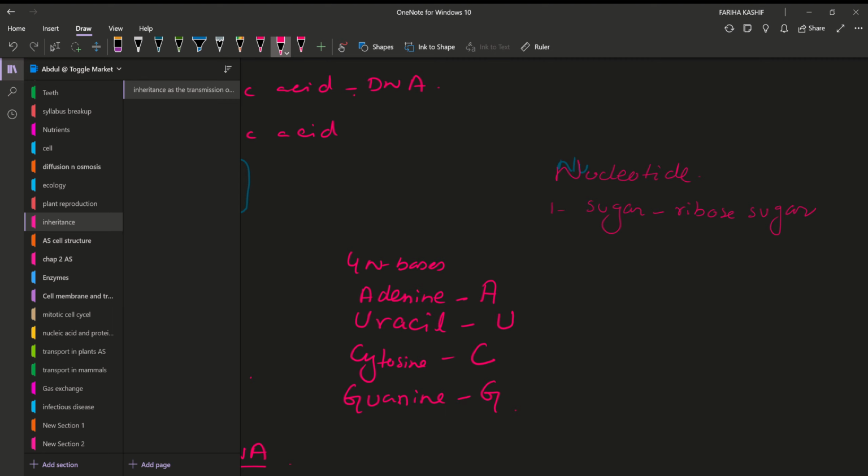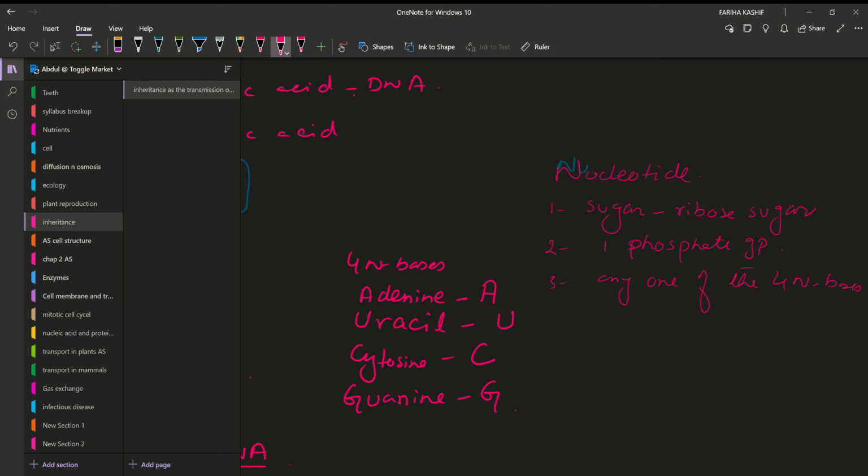And 1 ribose sugar, number 2, 1 phosphate group, and any one of the 4 nitrogen bases. Clear?